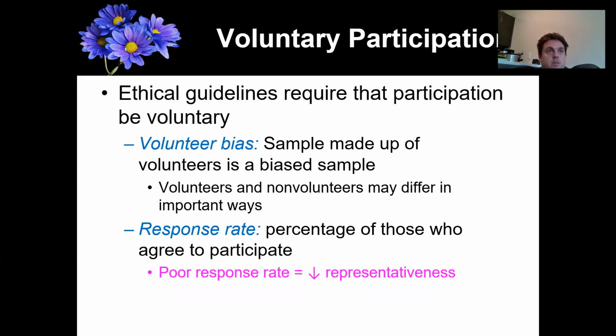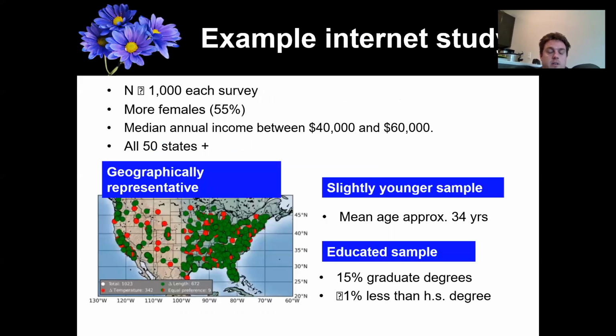So a big issue, or a big concern, always is: who is volunteering for the study, and do they differ from the population? Okay. So let's say I send out some sort of survey over the internet and only like 5% of people respond that I sent it to.